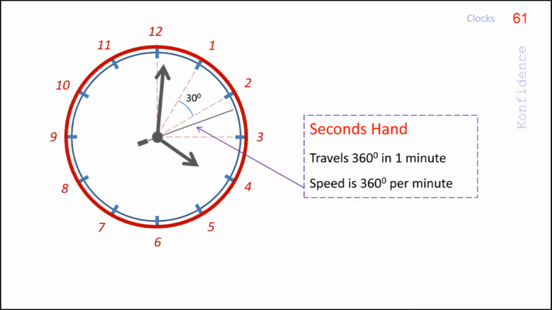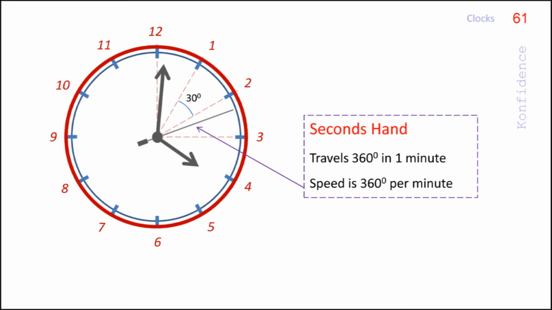So, the speed per hour is 360 into 60 degrees per hour, that is 21,600 degrees per hour. It is another matter of fascination that any multiple of 360 will mean a circle and hence take it to the same place again and again.